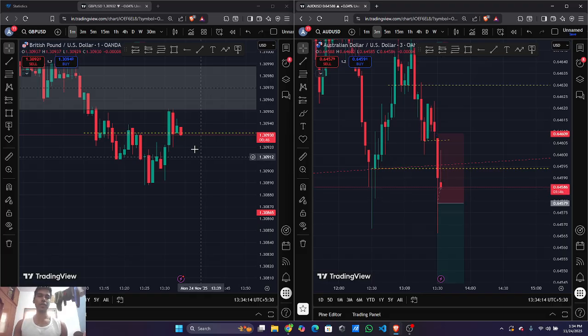Let it close. This closes in bearish, then I'll enter. Third trade, I would prefer to trade JPY because it is manipulating nice. The displacement is big, so I'm a little concerned.